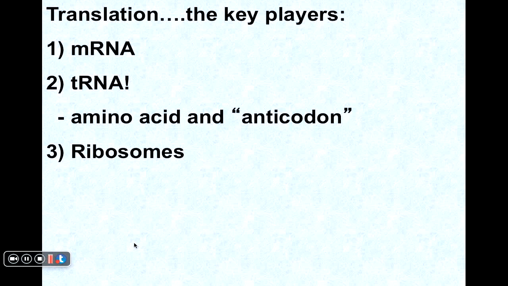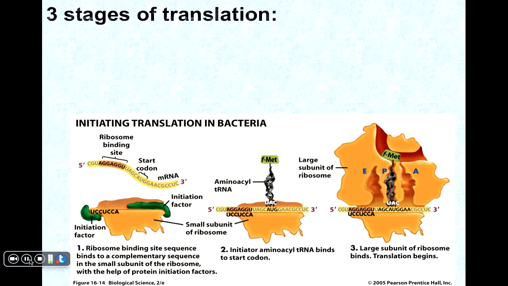So we mentioned mRNA, tRNA, and then finally the major structures involved in producing these proteins are the ribosomes. As we'll see in just a moment, the ribosomes interact with the messenger RNA. They bring in the appropriate tRNAs, each carrying its specific amino acid, and therefore these are structures involved in the formation of proteins.